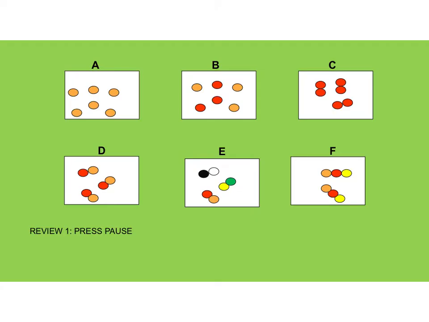Okay, so review 1, press pause, and then I'd like you to tell me, are these elements, are they compounds, or are they mixtures? Okay, A, that is an element. B, that is a mixture of elements.